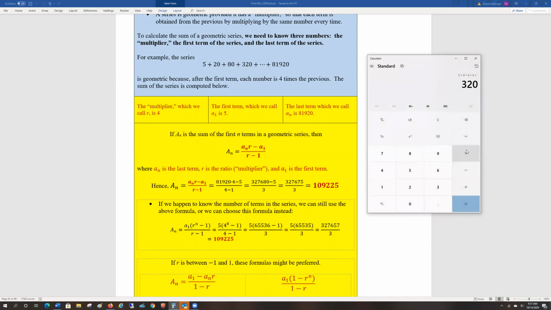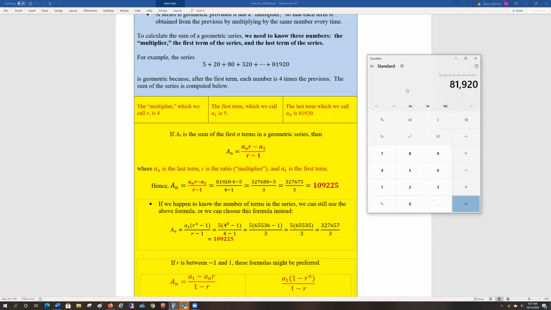If I say 4, this is 1 missing, that's 1280. 2 missing, that's 5120. 3 missing, that's 20,480. And that one is, oh my God, there's only 8 numbers in that whole series. So we could sort of cheat and just add them all together because there's only 8 of them.